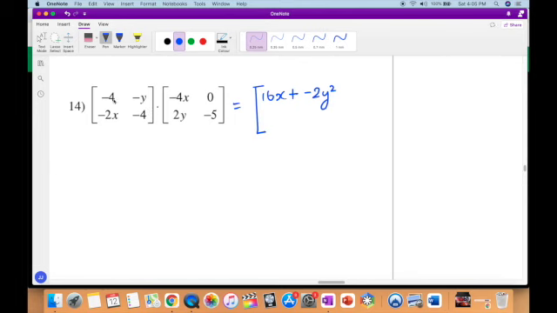Then we'll have negative 4 times 0 giving us 0. And negative y times negative 5 gives us positive 5y.